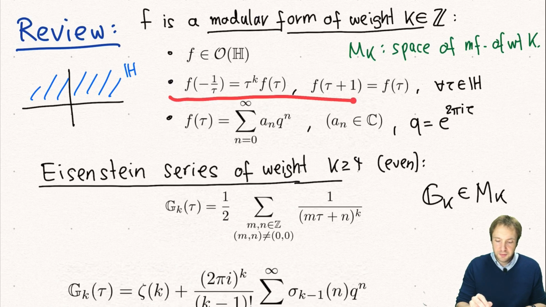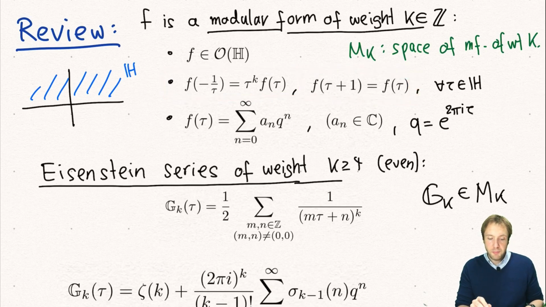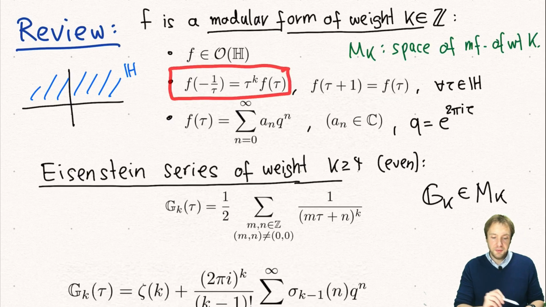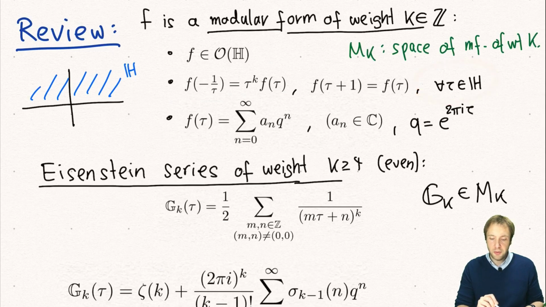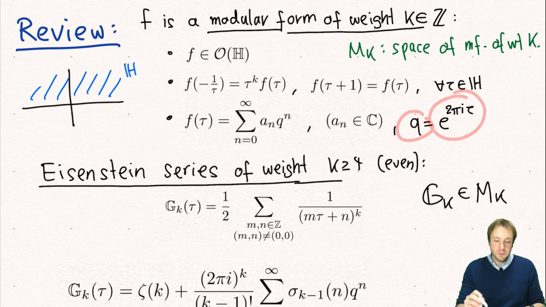And we saw that there are two essential functional equations a modular form needs to satisfy. So one of them was that it needs to be one periodic, and the other one was that it satisfies this equation here. And this needed to be true for all tau in the upper half plane. And then the third condition was that the modular form f has a Fourier expansion of this form, where this q is e to the 2 pi i tau.